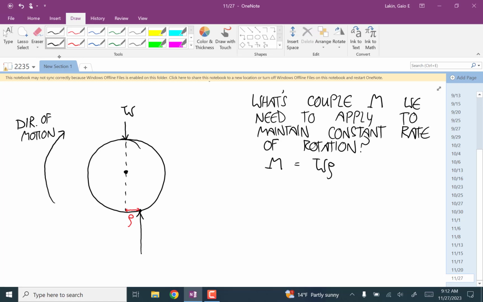So how are we going to do that? Well, let me move this W over because stuff's going to go in that space. We're going to break this force W up into two pieces. One is the normal force, and one is the friction force. And this makes a right triangle.